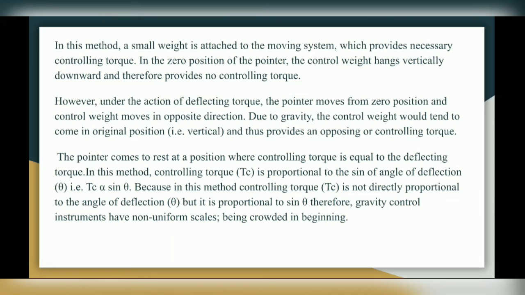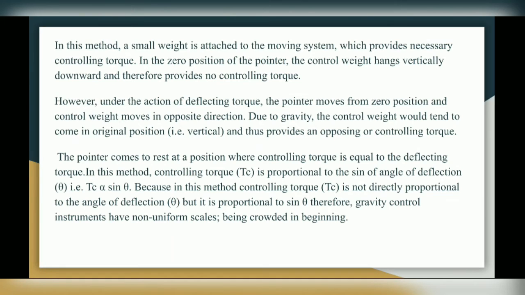In this method, a small weight is attached to the moving system which provides the necessary controlling torque. In the zero position of the pointer, the control weight hangs vertically downward and therefore provides no controlling torque.